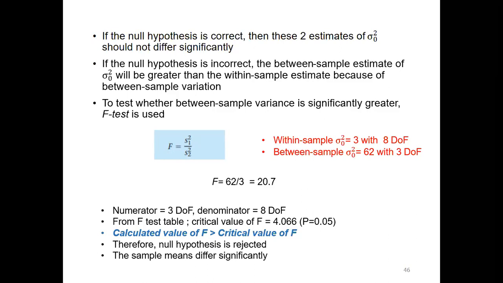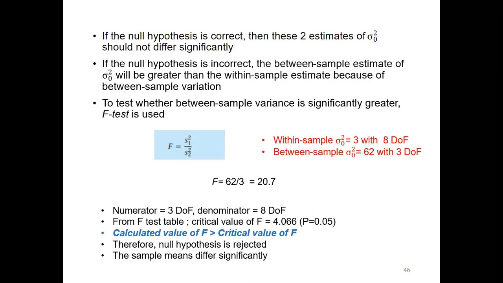Therefore, we cannot keep the null hypothesis. So we reject the null hypothesis, and that suggests that the sample means are significantly different. There are 4 samples, so the between sample measurement is significantly different. So it is not from the same population.